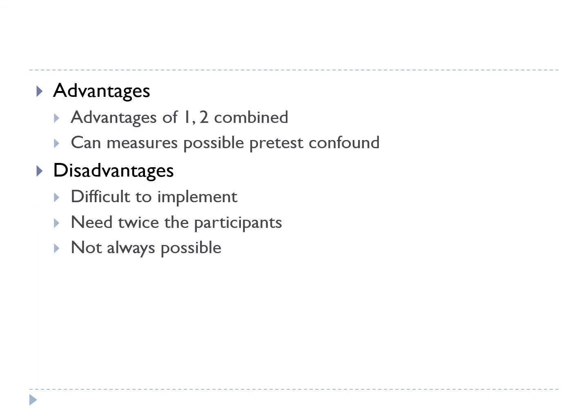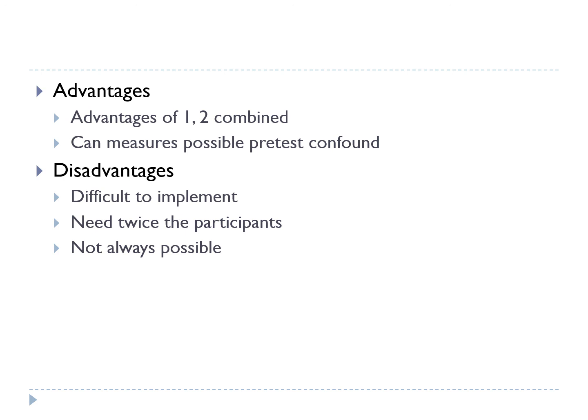So when you're doing a Solomon 4, this basically is the best of both worlds. You have all the advantages of 1 and 2, and you can actually measure the possible pretest confound. But the disadvantage of this is that, once again, sometimes you can't give a pretest. That's just the way the cookie crumbles. Sometimes those pretests are not possible based on the way your study is set up, so you can't do either a pretest, post-test, or a Solomon 4.